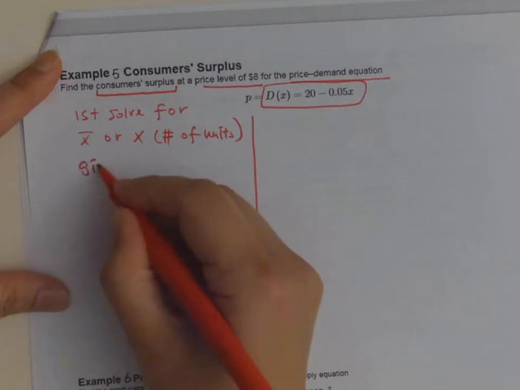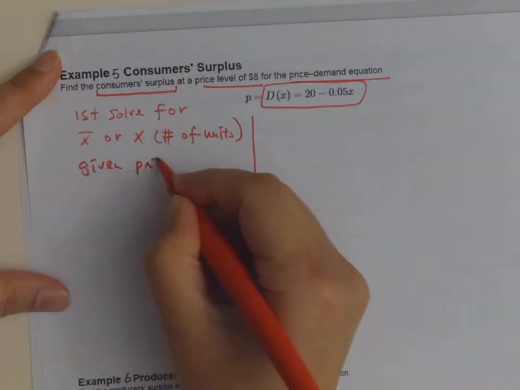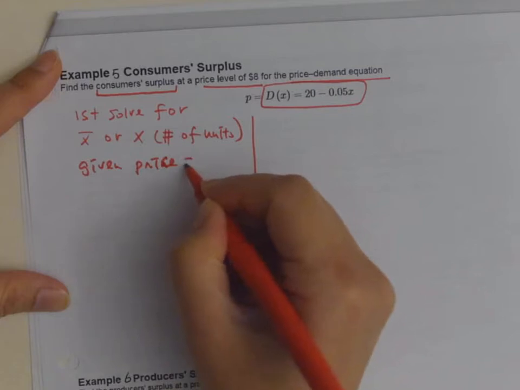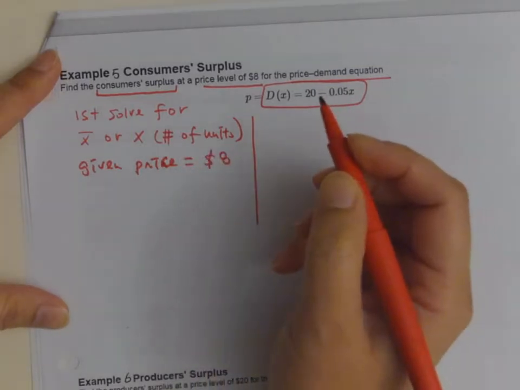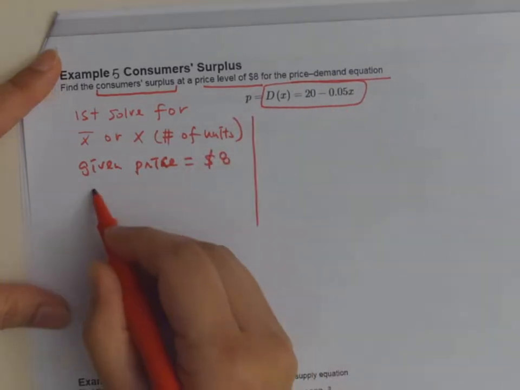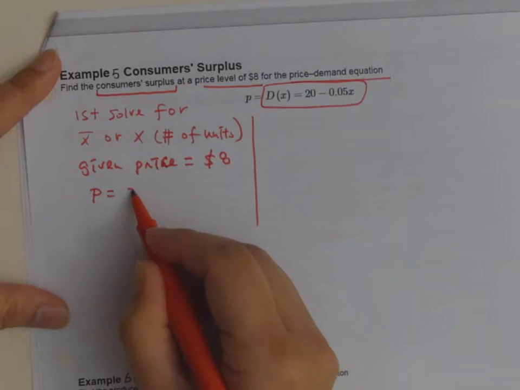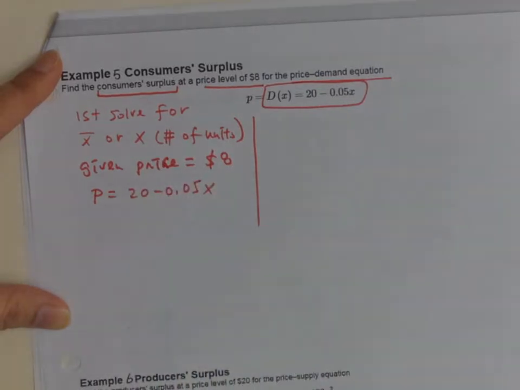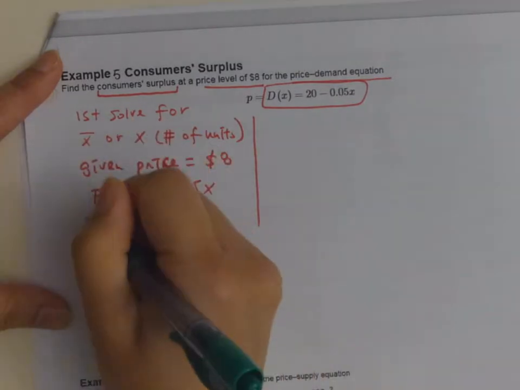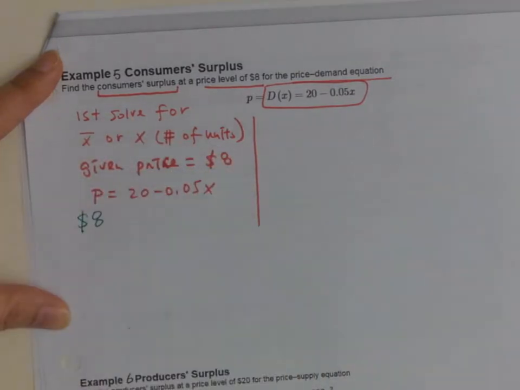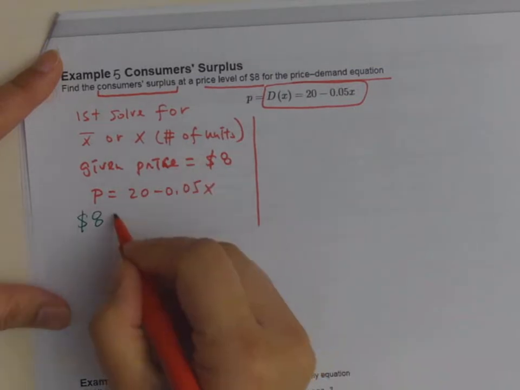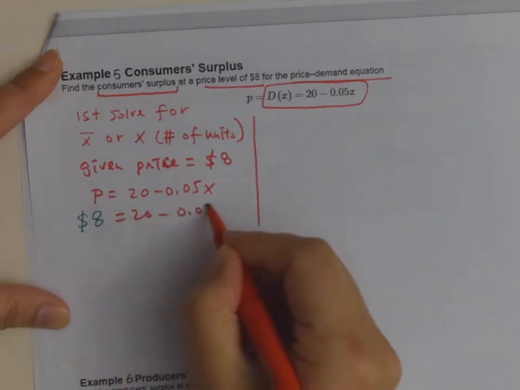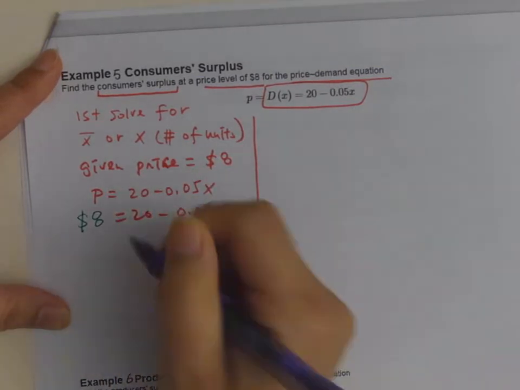So the given price is $8, right? So we have the P function here, P equal to 20 minus 0.05x, right? That's your price function. And if my price is $8, I can plug in my $8 here, and then try to solve for X. So subtract 20 from both sides.